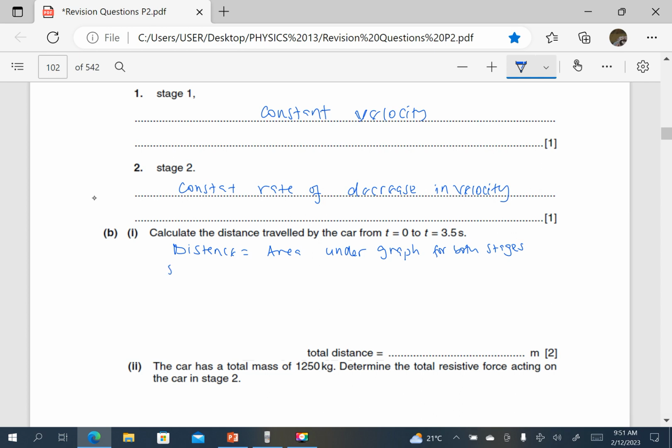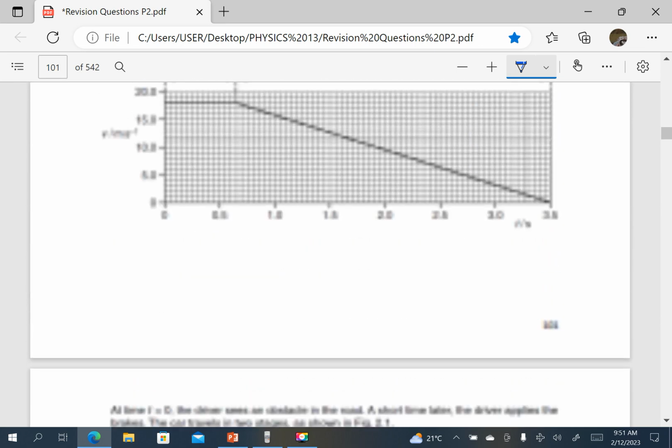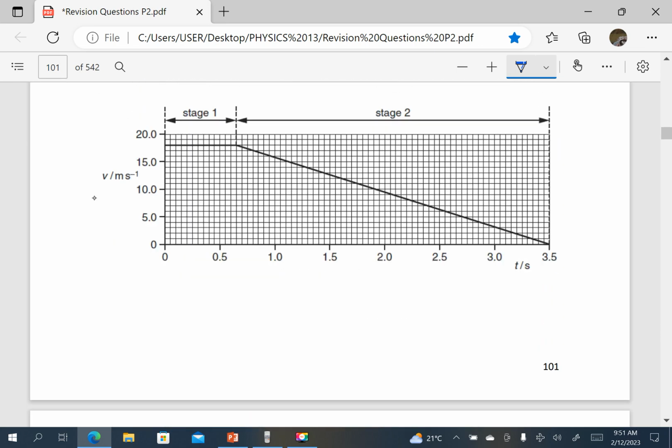Therefore, let's start with stage 1. Stage 1, we can consider it as a rectangle.